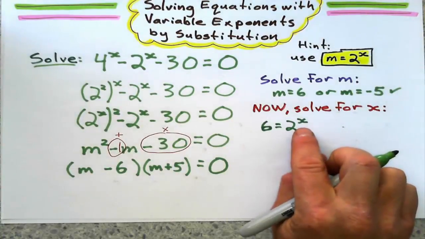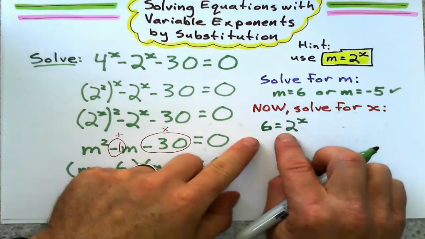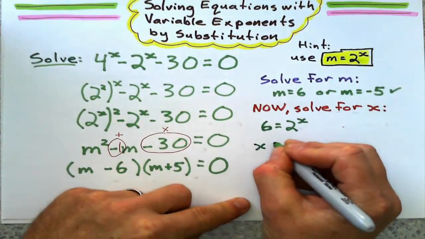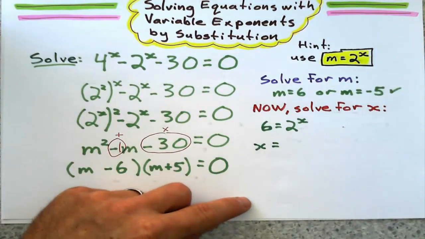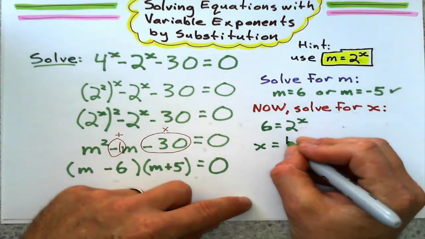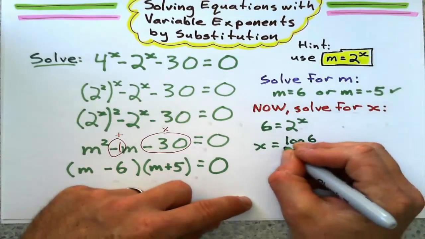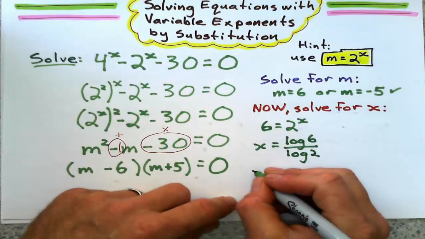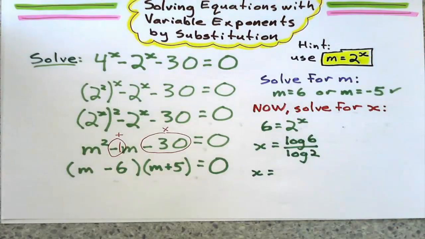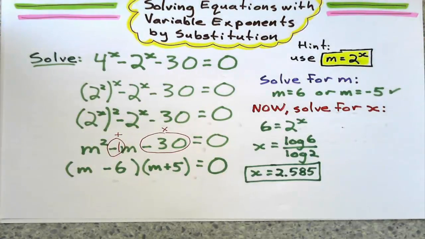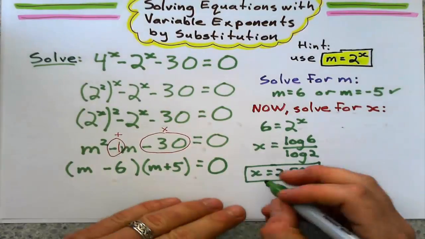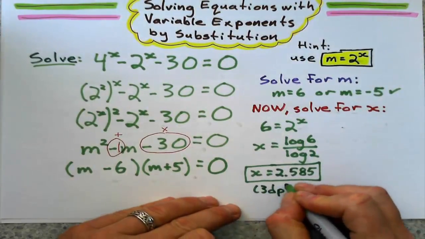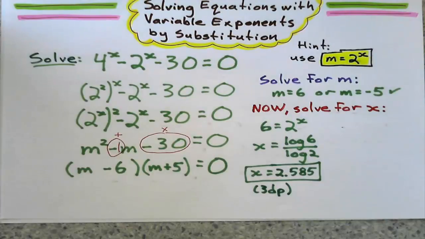I'm going to be using logs there, and I'll take the log of both sides and do my thing, but I'll just do my shortcut so that x will equal the log of 6 divided by the log of 2. That I know for sure. And I get some decimal there, 2 point something. Okay, so one solution is 2.585 to 3 decimal places.